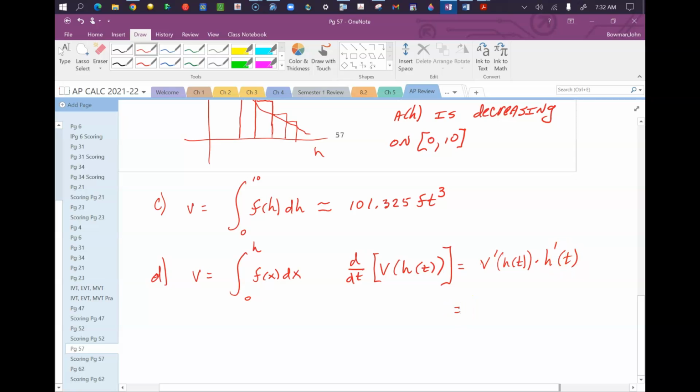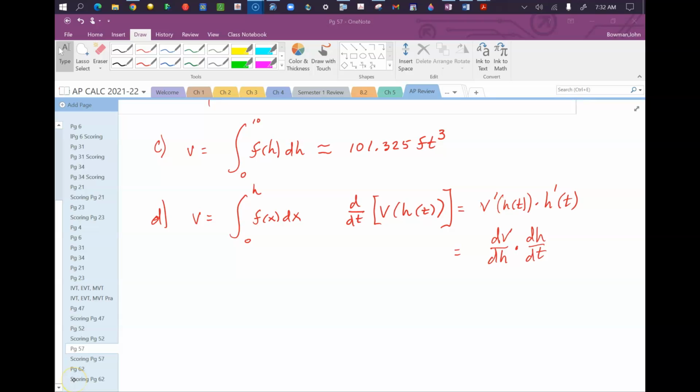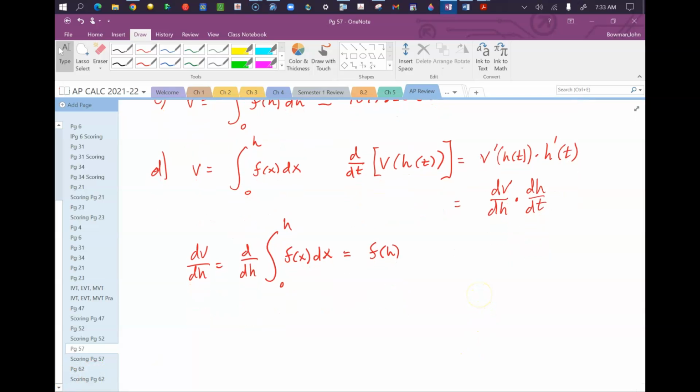times h prime of t. Using a different notation, we're saying let's find dV/dh times dh/dt. dV/dh is equal to d/dh of the integral from 0 to h of f of x dx, and by the fundamental theorem that turns out to be f of h. And dh/dt, we can write as h prime of t.